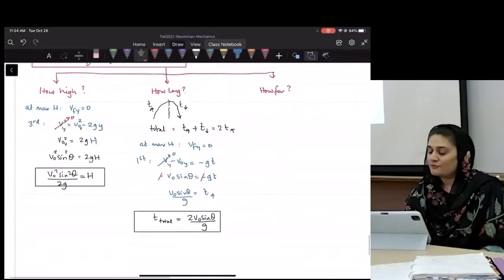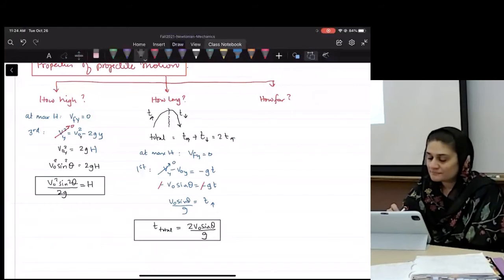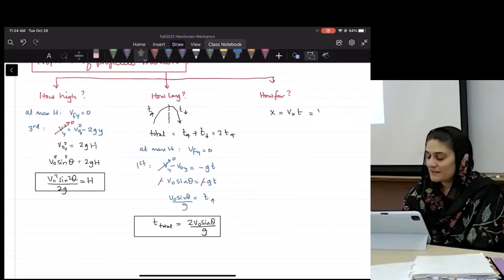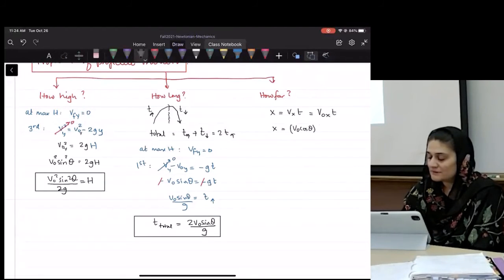Okay, now how far will it go? X equals Vx t, which is the same as V0x t. So far, so good? Yep. Okay, may I write X as V0 cosine theta times 2V0 sine theta over g?